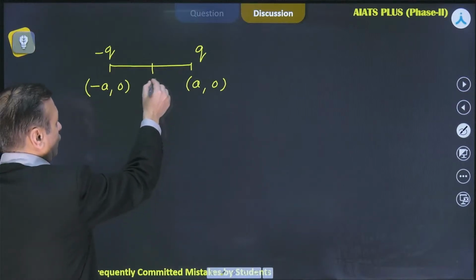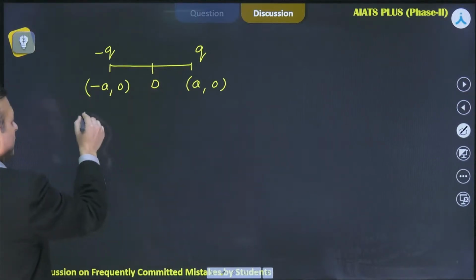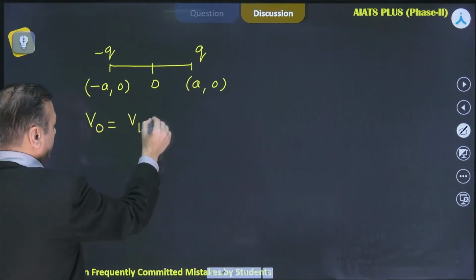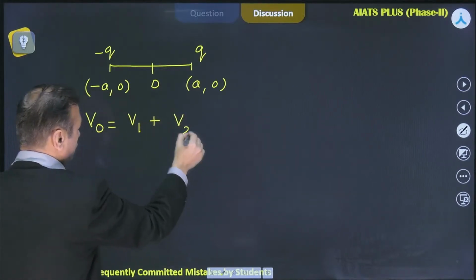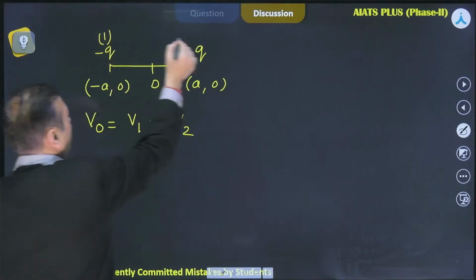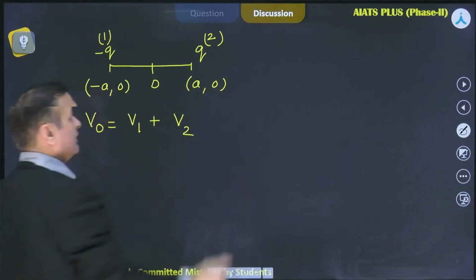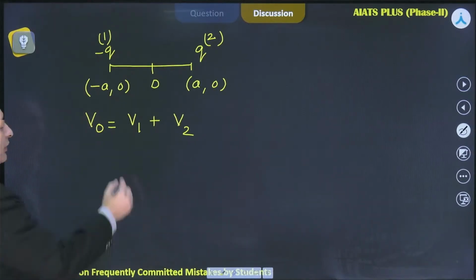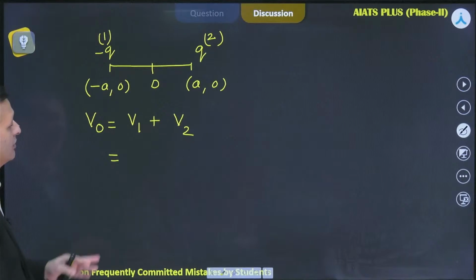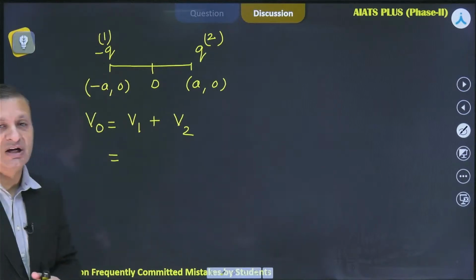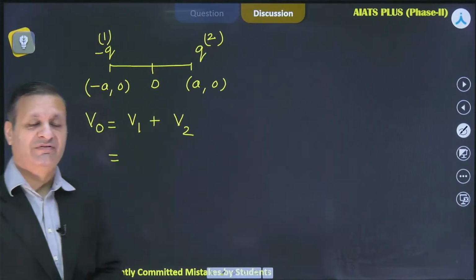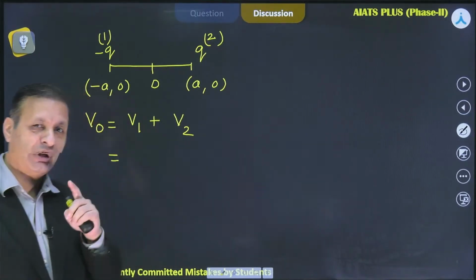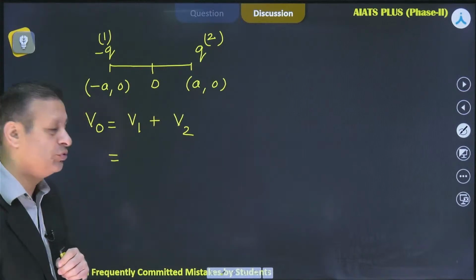So let's come to the same. This is your point O, and again we have to find out net potential at O. That would be contributed by potential due to these two charges. Here we have position 1, and we label this position as 2 again. What is the potential? The charge at position 1 is negative, and because of this negative charge we have a negative potential. This is where you have to be very particular.